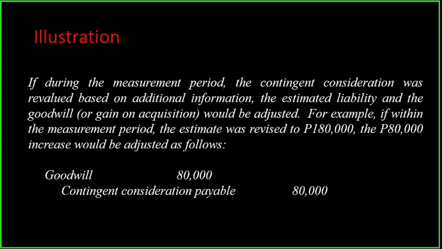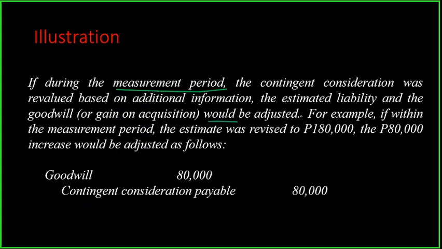Anyway, let's continue. If during the measurement period the contingent consideration was revalued based on additional information, the estimated liability and the goodwill or gain on acquisition would be adjusted. Goodwill or negative goodwill.